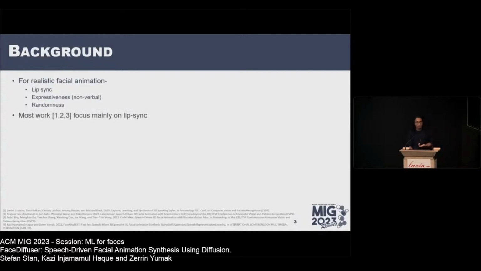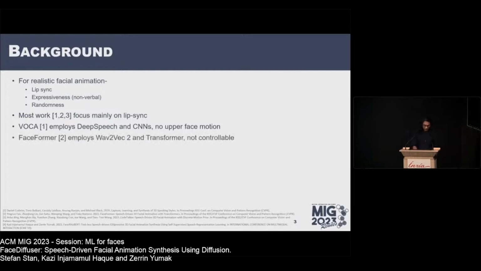Most work focuses mainly on lip synchronization, but very little care is given to the latter two, expressiveness and randomness. For instance, VOCA, a very pioneering work on speech-driven facial animation synthesis, employs DeepSpeech to encode the audio and a convolutional neural network to decode to high-dimensional vertex displacement for facial animation.